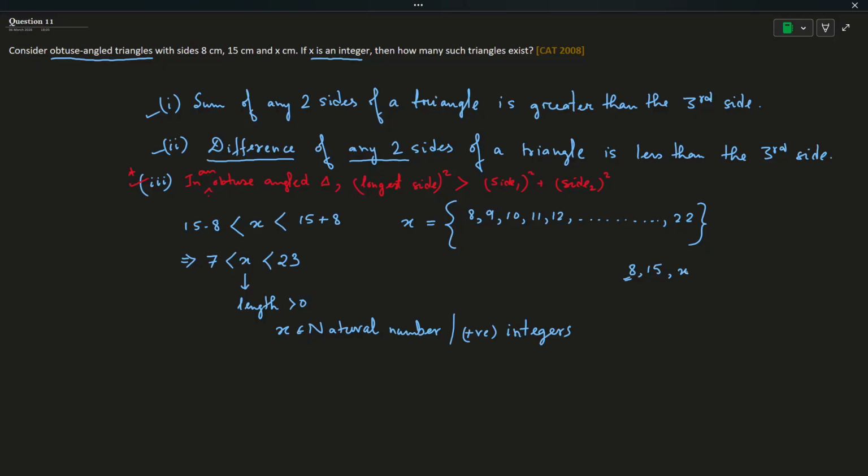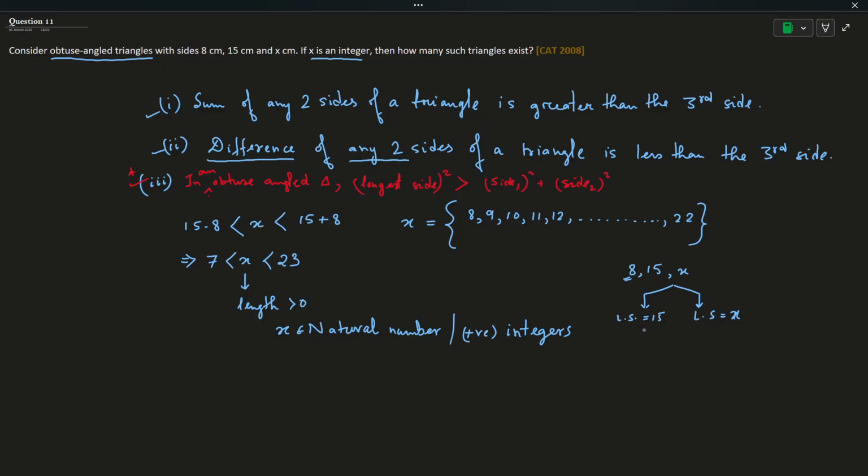From here, we will have two cases. What is the first case? Longest side is equal to 15, and in the second case, longest side is equal to x.